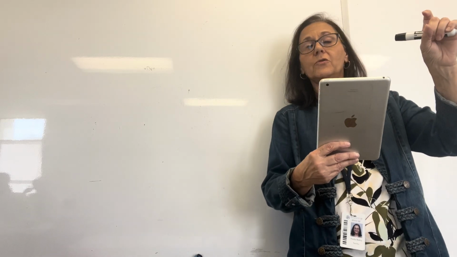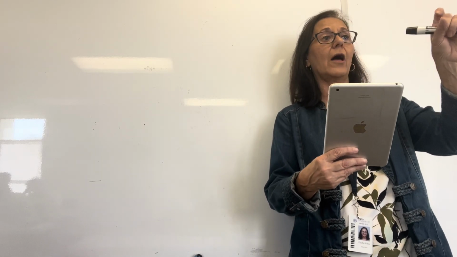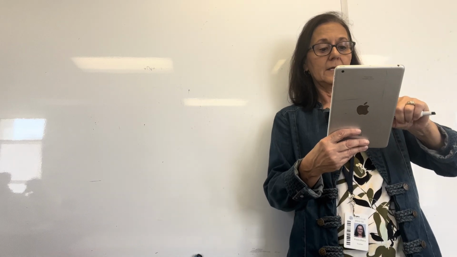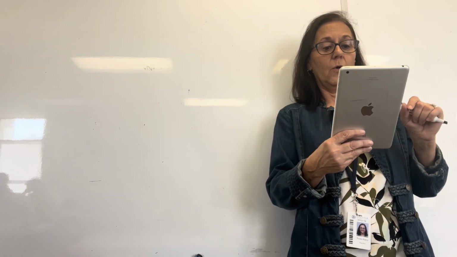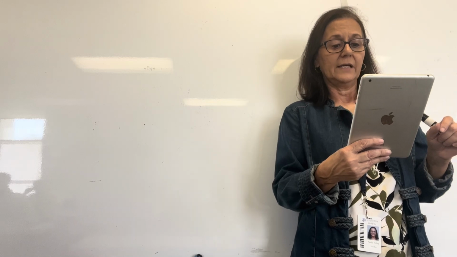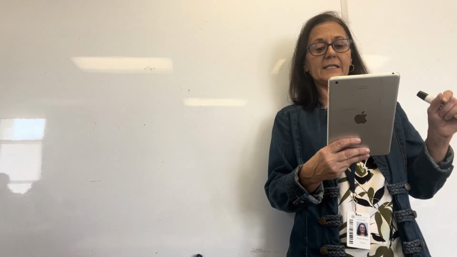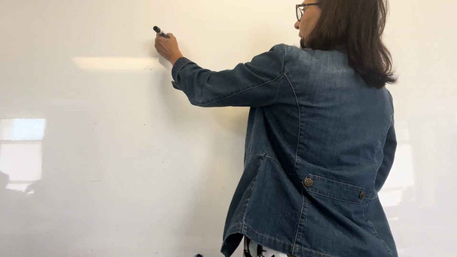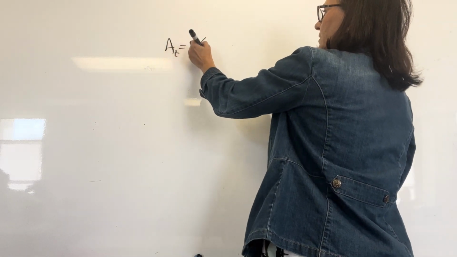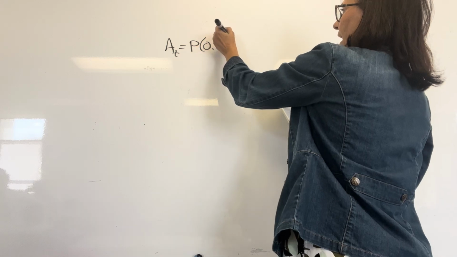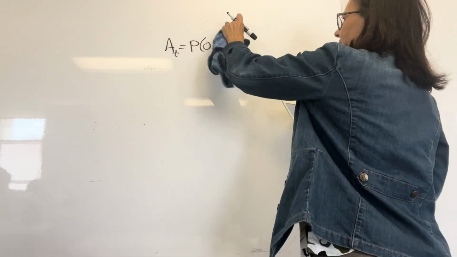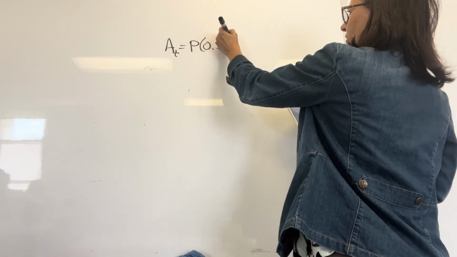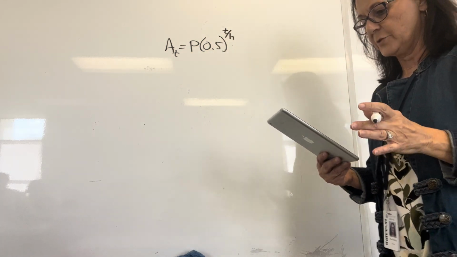And h represents the half-life for that substance. All right, so look at example 9. When a living organism dies, its carbon-14 decays exponentially. The amount over time equals principal times 0.5 to the t over h. I'm really going to write t because I want you to know that's just time. H being the half-life.